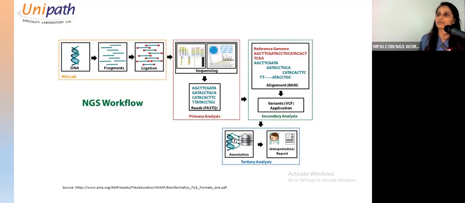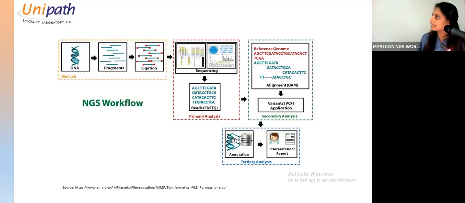That conversion is part of the primary analysis, followed by filtration of the data to remove adapter sequences and low quality sequences. Then this FASTQ data is taken along with the reference genome, which can be HG19 or HG38, which we should all prefer because that is the latest version of the human genome, with corrections made on HG19.